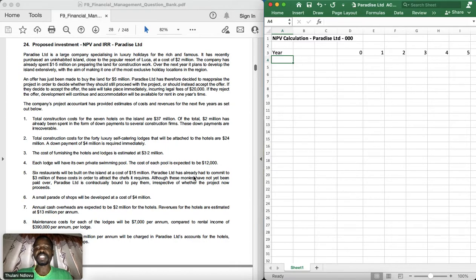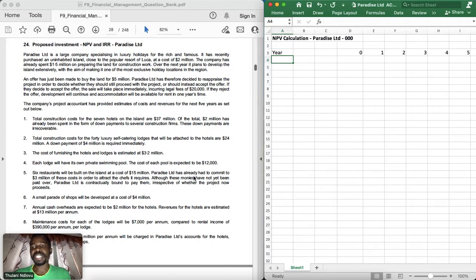This 2 million is a sunk cost because it has recently been purchased. Before making this decision, whether we offer the island or develop the island, this is already incurred, so it is a sunk cost.